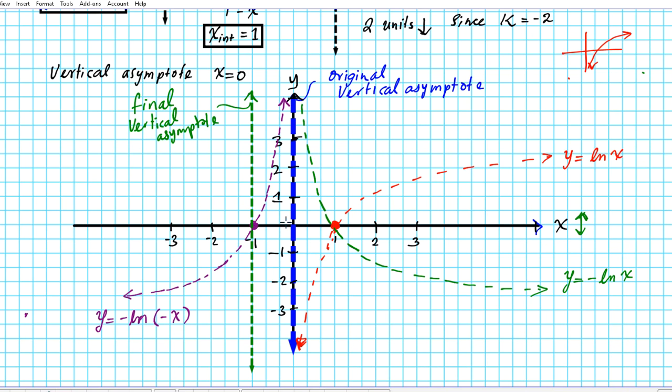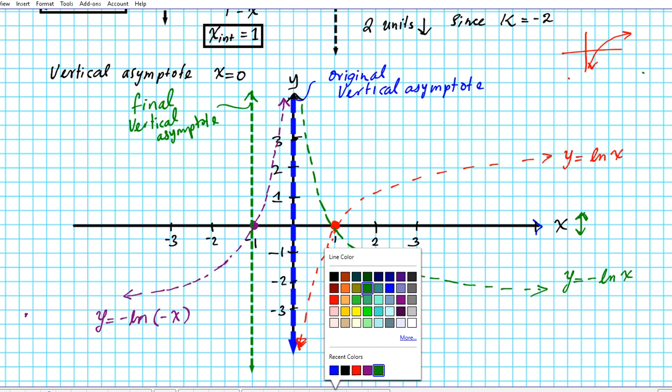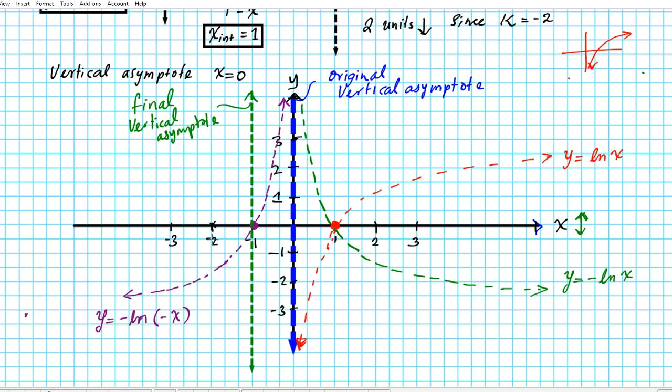Okay, and then now look at the intercept. Let's deal with that one. So we have the intercept right here. We're going to move it 1 unit to the left. That takes it right here, and then move it 2 units down. 1, 2, right here. That's where this intercept gets moved over here. Okay, so let's go ahead and sketch the graph. We're going to copy this purple line using this intercept and this point right here.